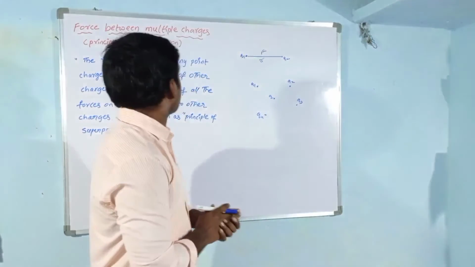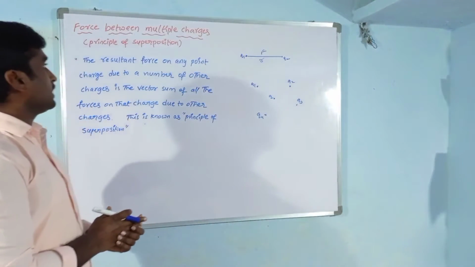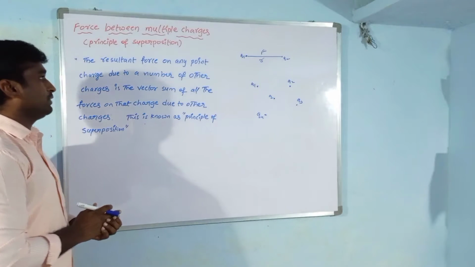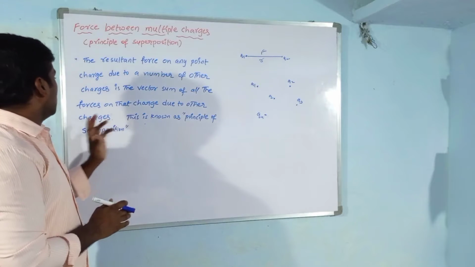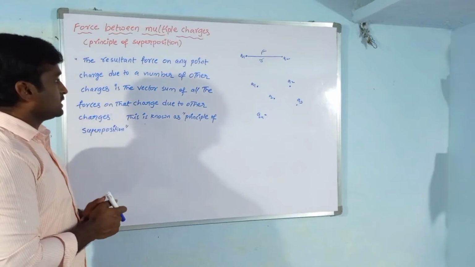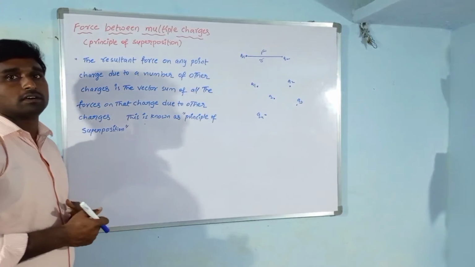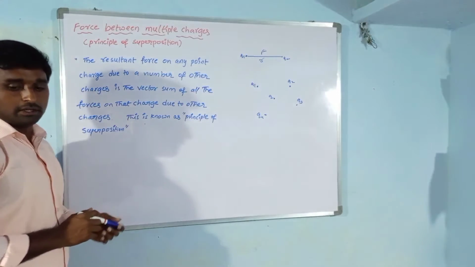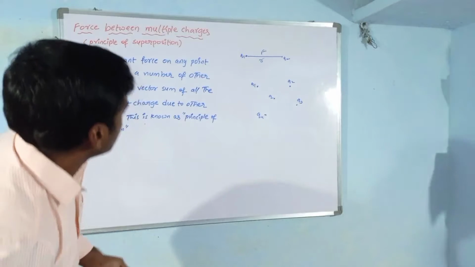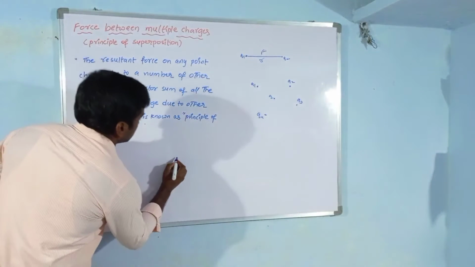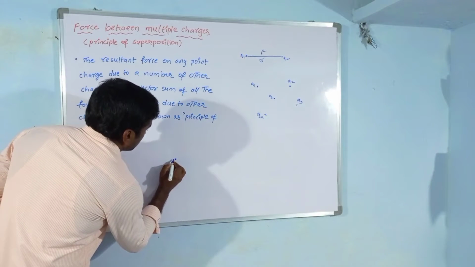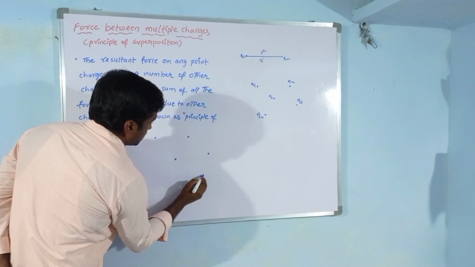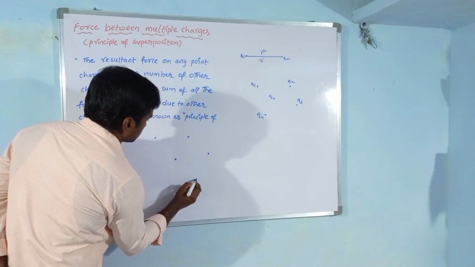Let us see the statement of this. The resultant force on any point charge due to a number of other charges is the vector sum of all the forces on the charge due to the other charges. That is called the principle of superposition. I am taking here an n number of charged particle system.